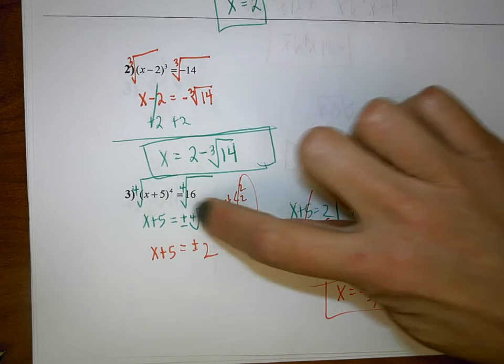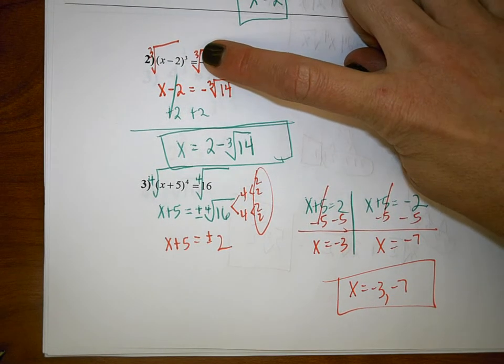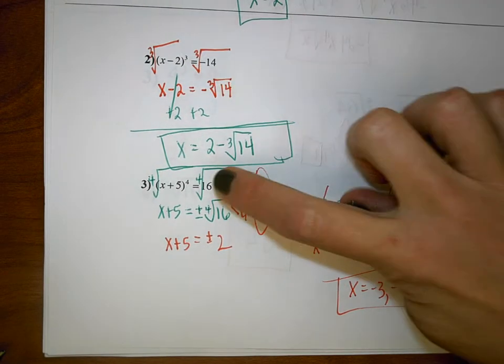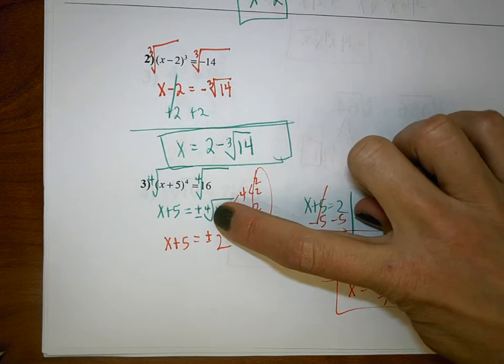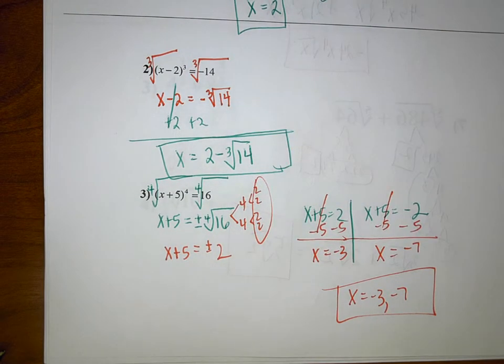The root on this one is even, and then on 2 it was odd. Good. And so even roots give us plus or minus, and odd roots will just give us one answer, and it could be positive or negative. All right, questions before we move on? Okay, let's move on.